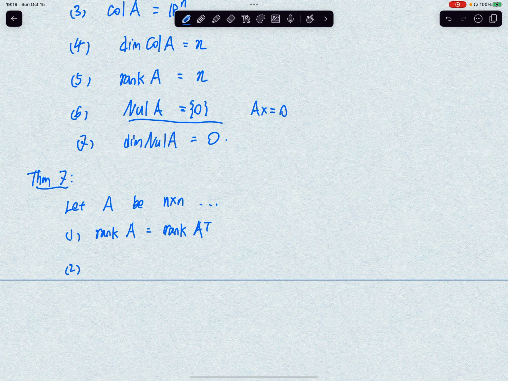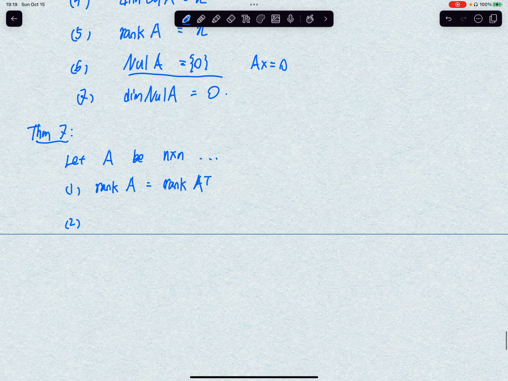So transposing a matrix does not change its rank. And this is very important since we have only introduced the column space and are right now missing the row space. This offers some insight in introducing the row space and its corresponding properties.